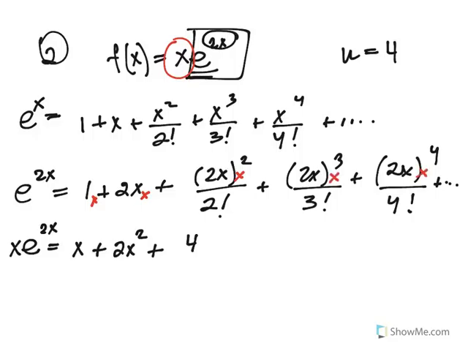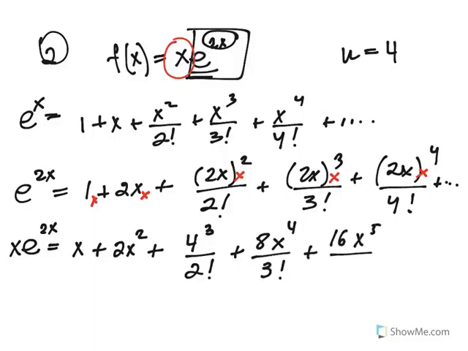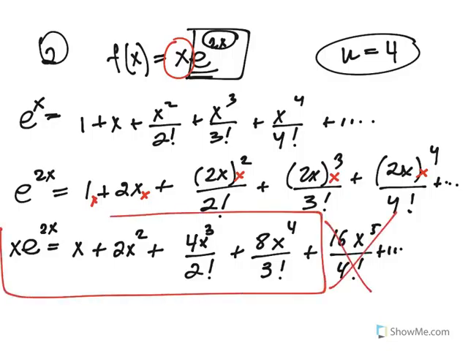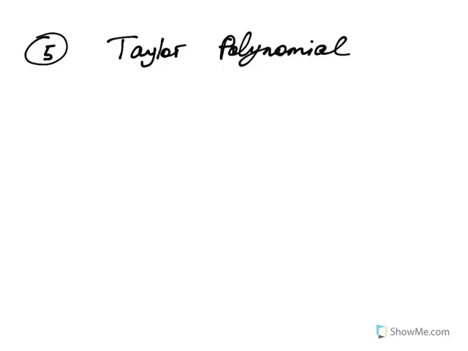So I'm going to get 4x to the third over 2 factorial, and then 8x to the fourth over 3 factorial, and then 16x to the fifth over 4 factorial. Sorry, I just noticed I missed x cubed. Okay, so they want n to be equal to 4, so then that's it. Then we don't want to include these, so that's just going to be our answer.